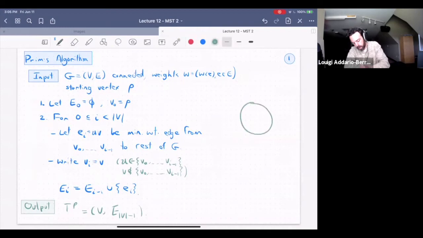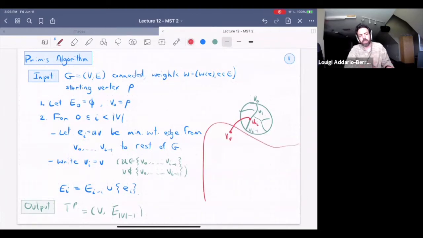At any given time, you've built some tree with vertices v_0, v_1 up to v_{i-1}, and because the new edge that's added always goes from some previously explored vertex to some new vertex v_i that's sitting out in the rest of the graph, what's built always has to be a tree. You can't create any cycles.